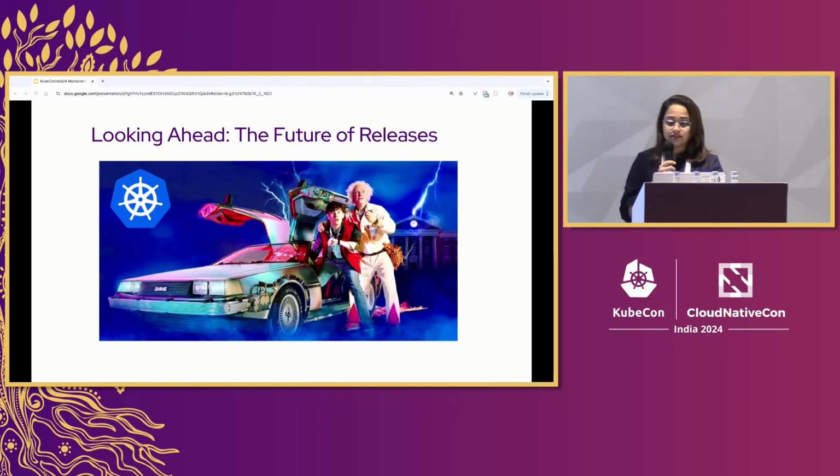Security will get tighter, with signed releases and SBOMs, to ensure software supply chain integrity. We'll also likely see more streamlined paths for contributors, making it easier for newcomers to hop in and get involved. So ultimately, a faster, safer, and more sustainable release lies ahead.